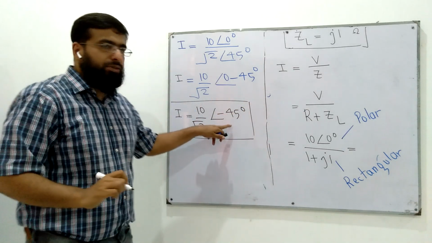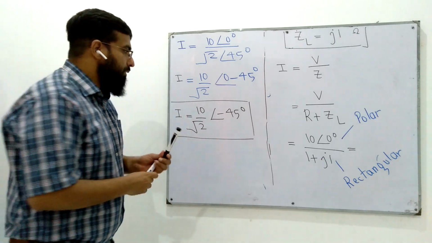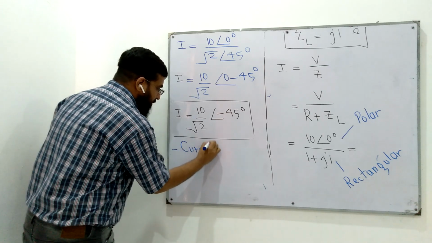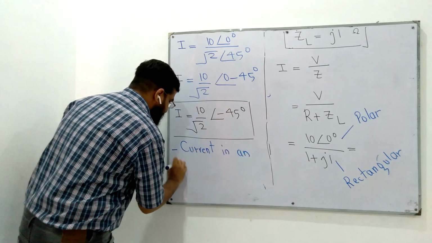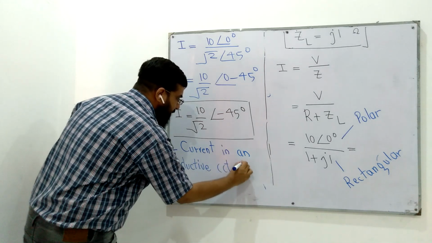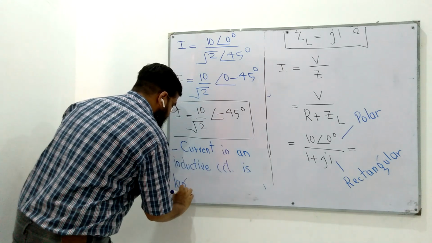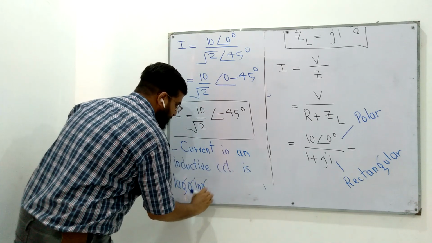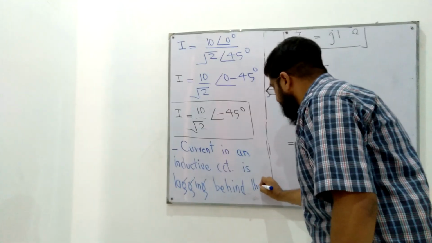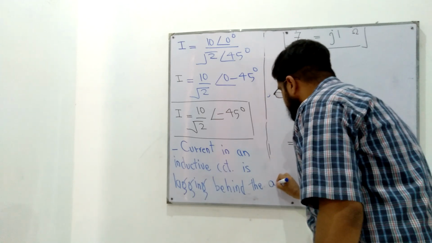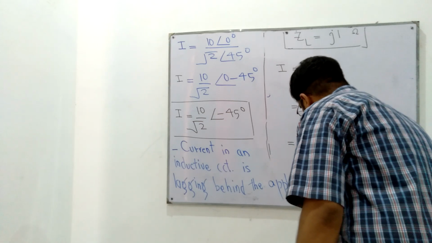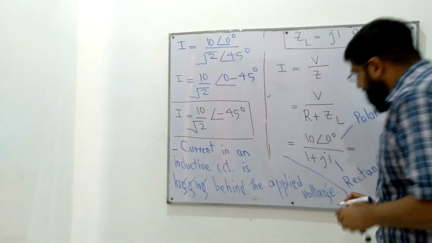What does this minus 45 degrees tell us? It tells us that the current in an inductive circuit is lagging behind the applied voltage.